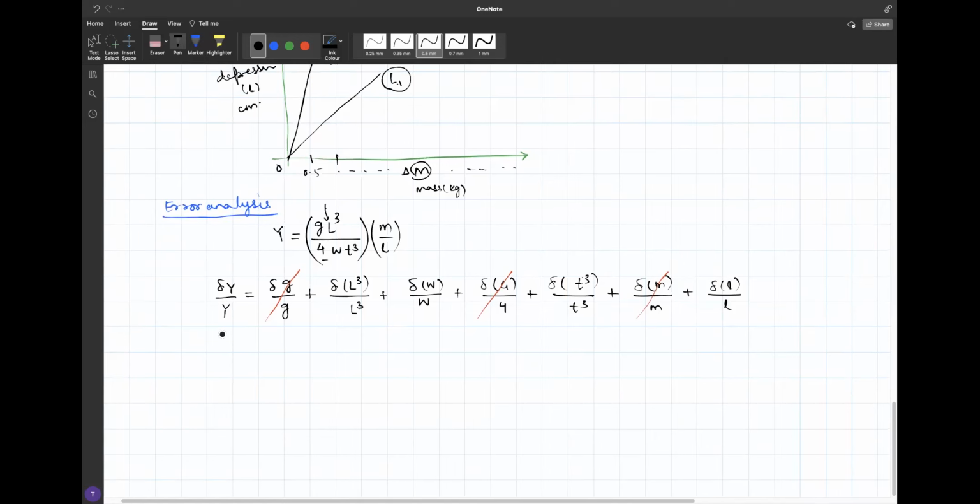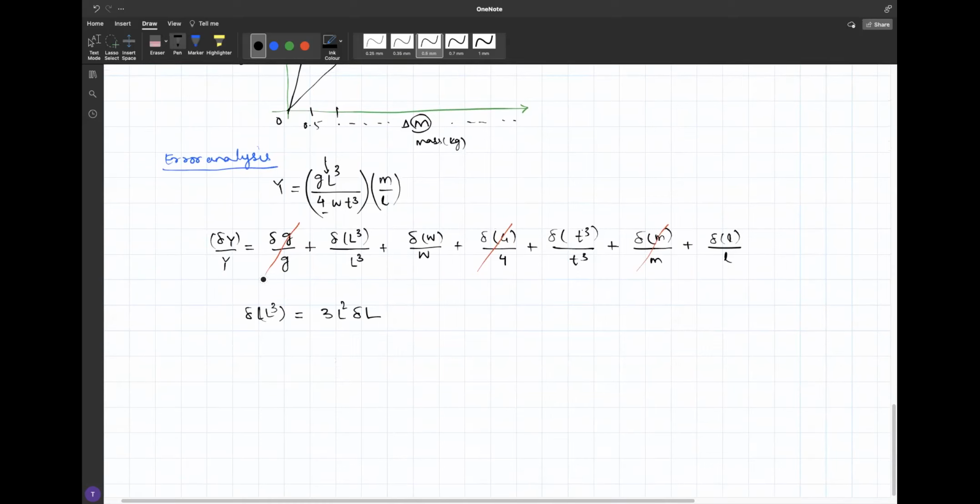That's not a problem. So this will be your total error in Y, which is delta Y. You can calculate this, as one of you asked me. And then if you want to calculate this thing, it is going to be something like this. I assume that all of you know this. So this is how you calculate the total error.